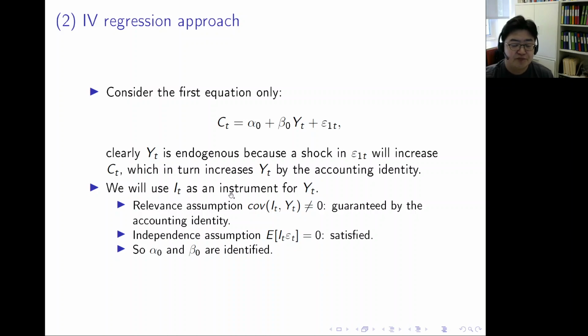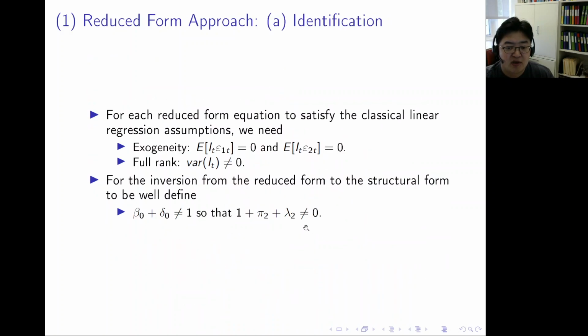We have to check then two assumptions for identification of beta. To use an instrument, we need to check relevance and independence. Relevance assumption: covariance non-zero. This is guaranteed by the accounting identity. By the way, I forgot to mention this: in the accounting identity, for this to be non-zero, actually we need this assumption.